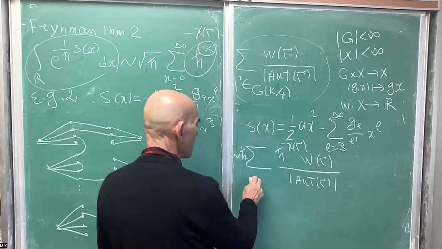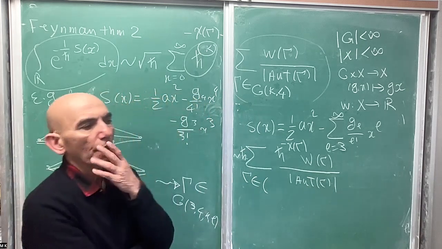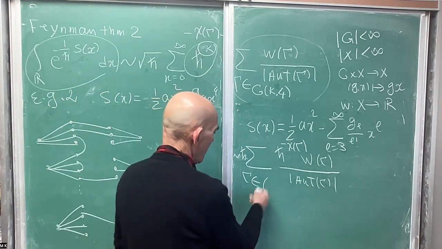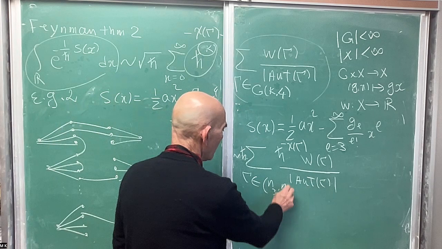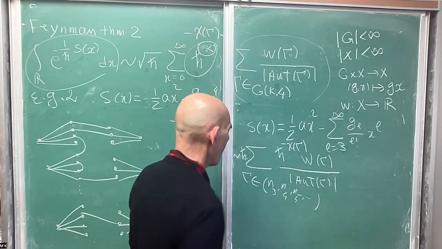But then in this case, gamma belongs to a set like this, how to write it, say N3, N4, N5, and so on and so forth.